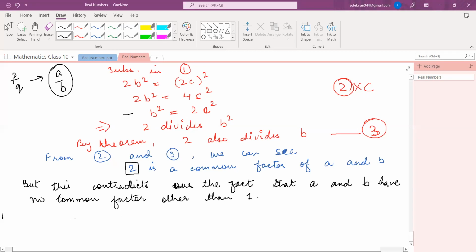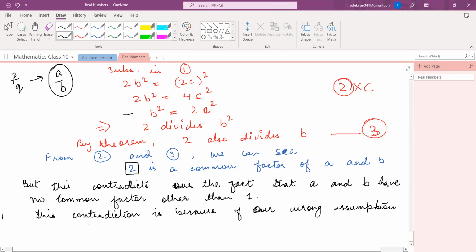Now, this contradiction is arising because we have assumed the wrong thing in the starting. We have assumed that under root 2 was rational. That is why this contradiction is coming here, right? So we will write: this contradiction is because of our wrong assumption that root 2 is rational.